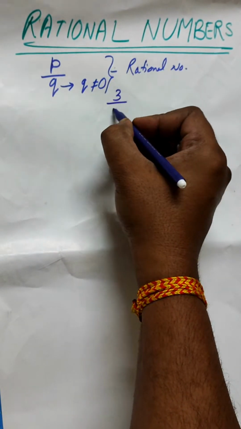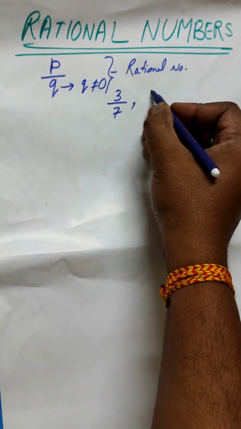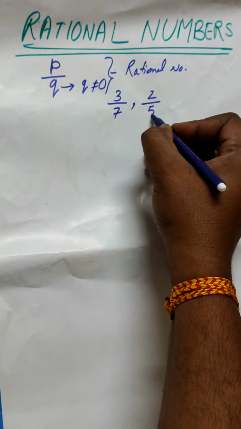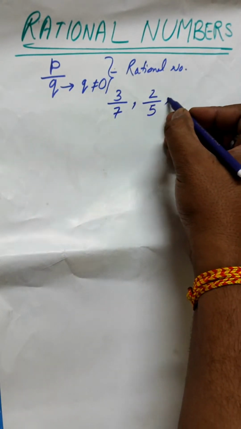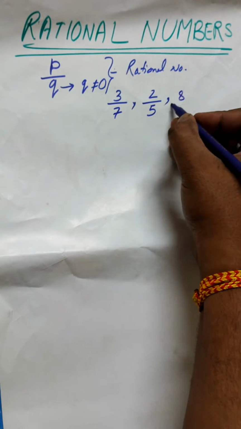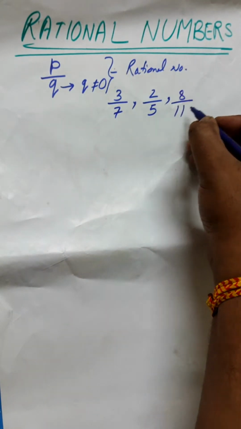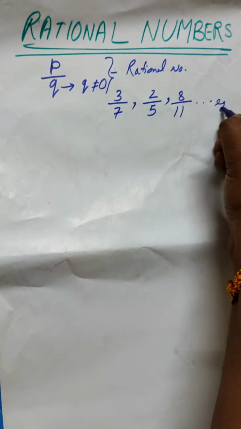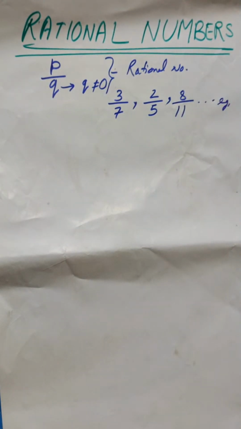You can take some examples, let's say 3 by 7, 2 by 5, and you can represent even 8 by 11. All these are examples of rational numbers, right? And we will understand what properties are followed by the rational numbers.